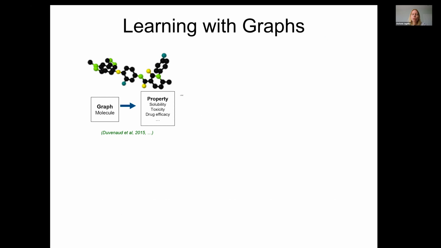And this can be equally used in material science and other kinds of computational chemistry for just screening materials, trying to predict whether they would react in certain ways, etc. So here the input is a molecule which could be viewed as a graph with attributes. So I know something about nodes and I know something about the edges in this graph, which are the bonds.